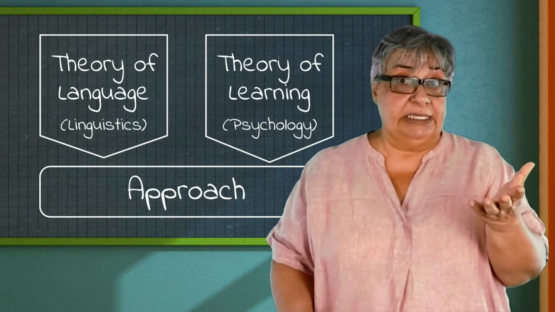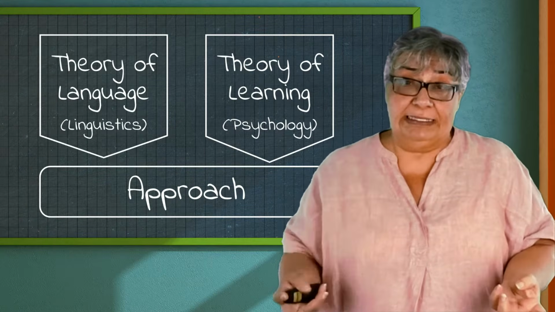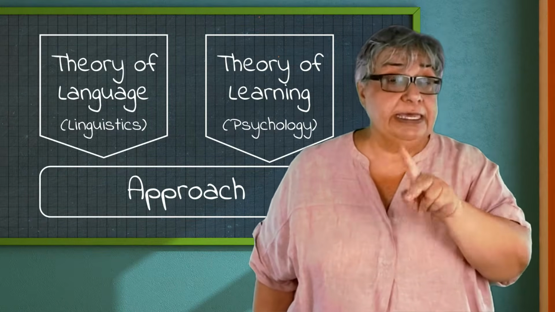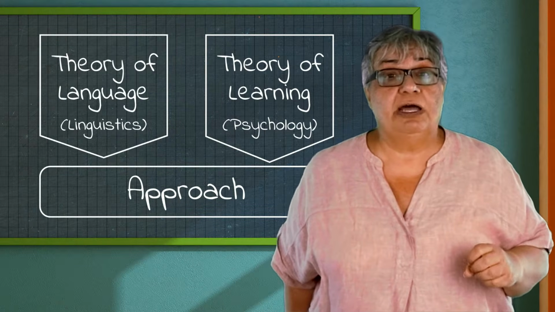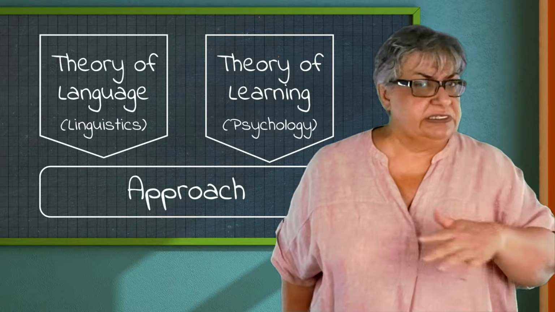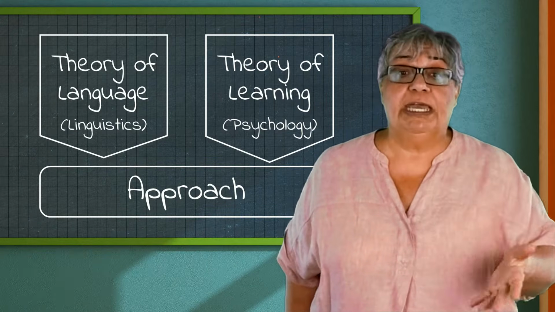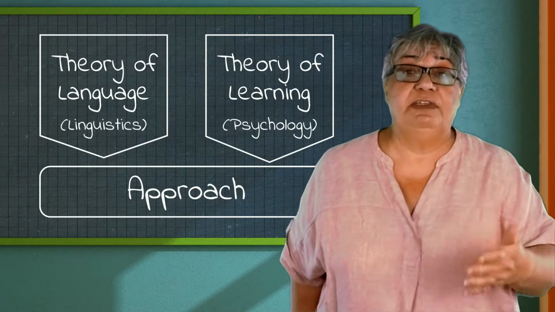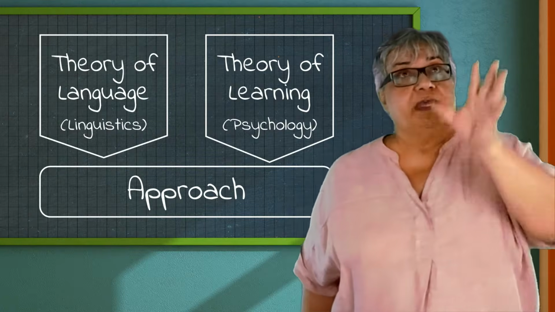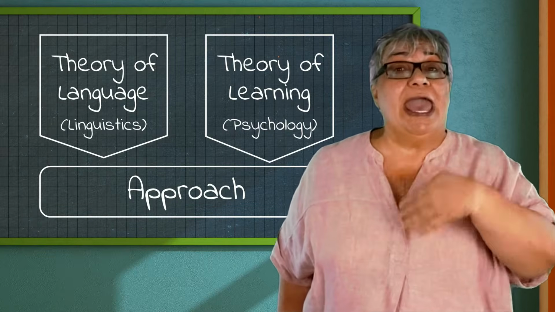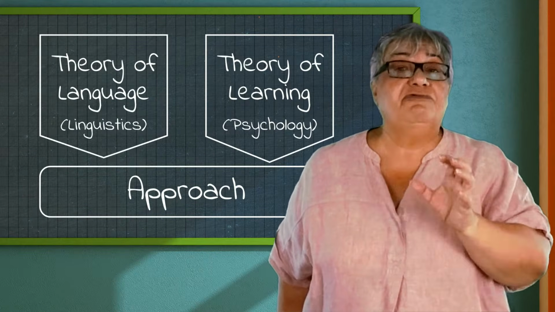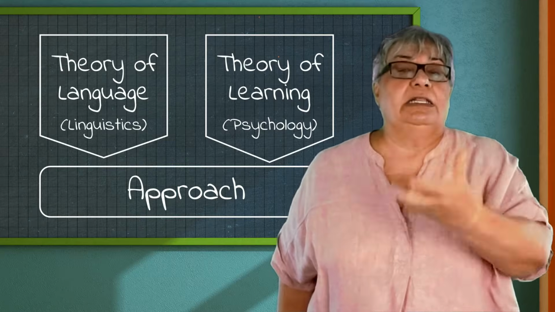We have a combination of a linguistic theory and an educational theory working hand in hand. An approach gives rise to methods, several different methods, which can be defined as the way of teaching something. So when you have the philosophy, when you have the theory, the way of teaching will reflect this understanding.